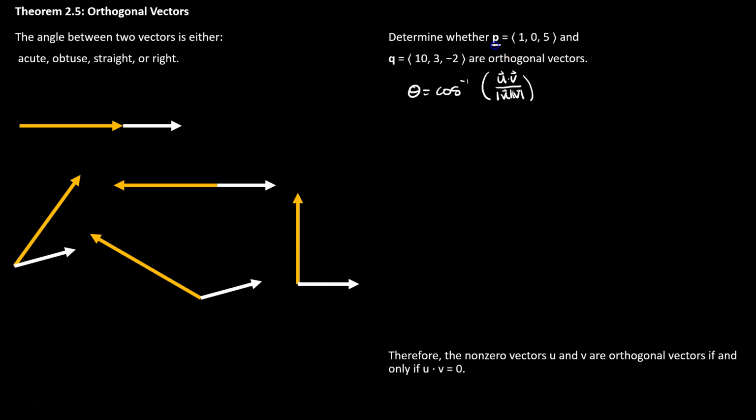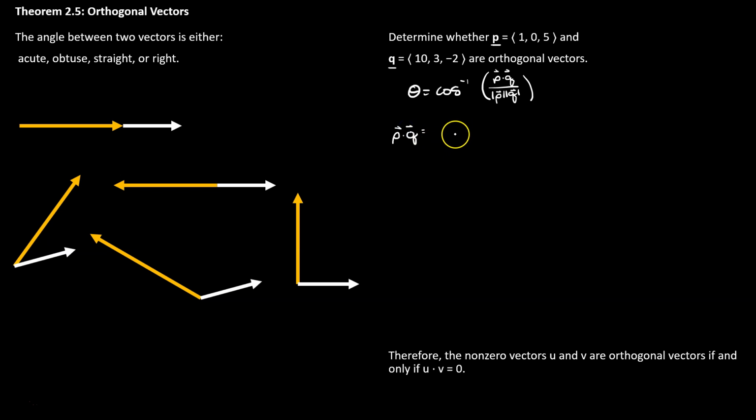Now, the two vectors we have are called P and Q, so we can easily adapt this to be for the two vectors P and Q. So we need P dot Q for our numerator. We also need magnitude P times magnitude Q.